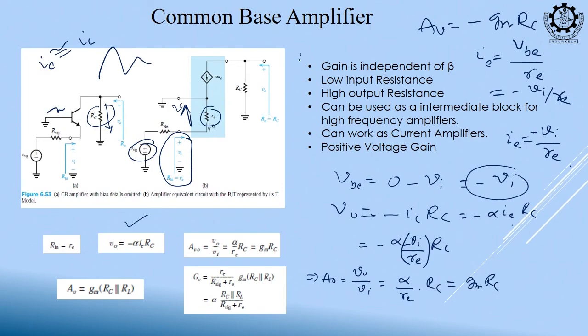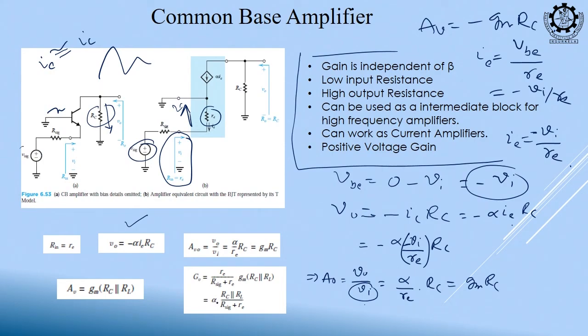So, what are the takeaways? If you see the overall gain, I have calculated in terms of Vi. I can replace this Vi in terms of Vsig, then it will become an overall gain. So, you just calculate what is the Vi in terms of Vsig, just like a potential divider case. So, what you will see is that this gets cancelled out.